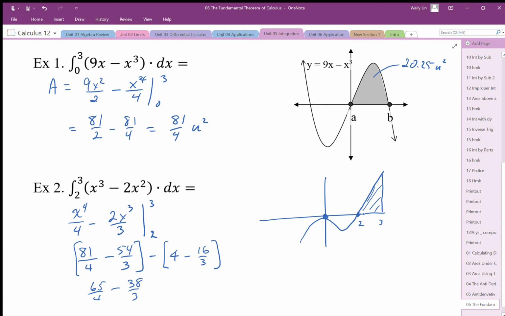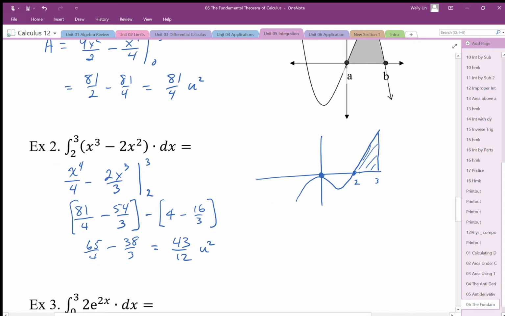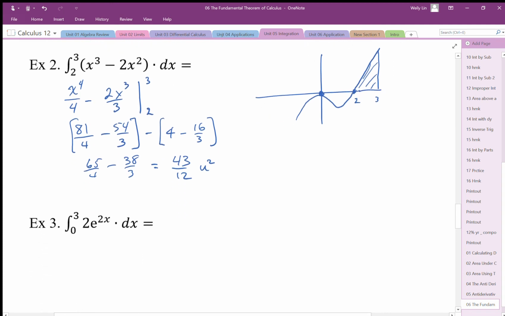I'm going to get 43 over 12, I think, as my area. So the net area works out to be 43 over 12 units squared. Again, I'm using the displacement on this antiderivative function and saying that it is equivalent to the area under there, because everything we've done so far points to the fact that the area, even the units of this area, relate to this antiderivative.